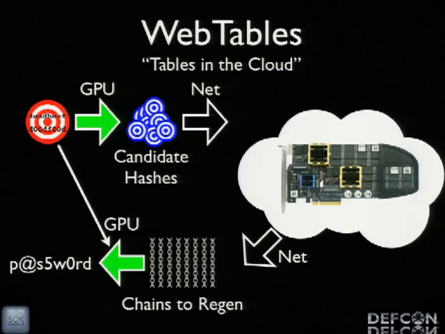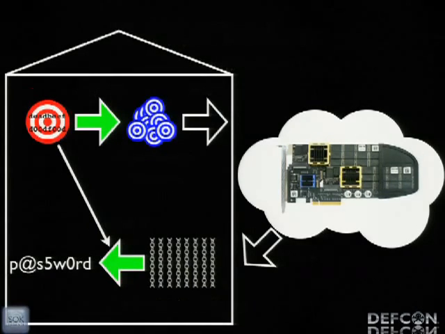Now, the neat thing about this, from the perspective of somebody who doesn't want to send your actual target hashes out to anybody else, is that all of the processing that requires the target hashes is done inside your environment, on your laptop, on your EC2 instance, on your massive cracking rig.